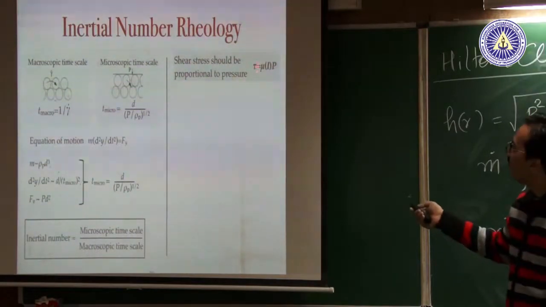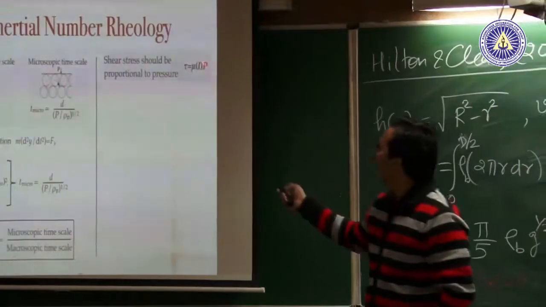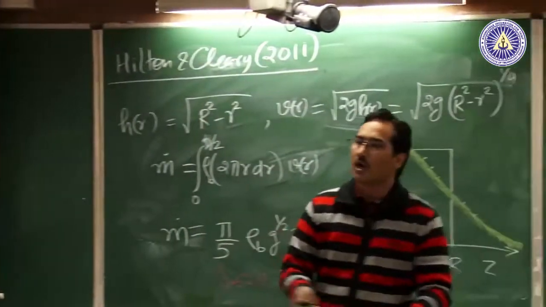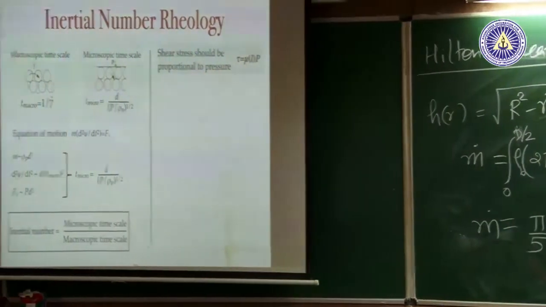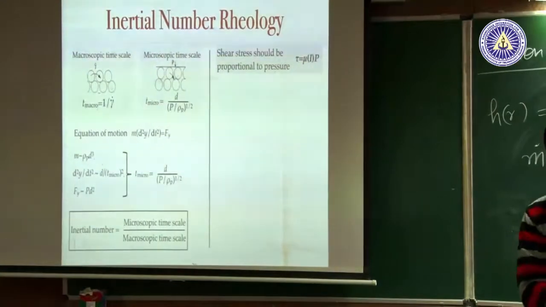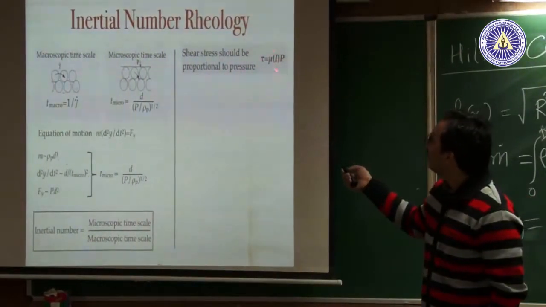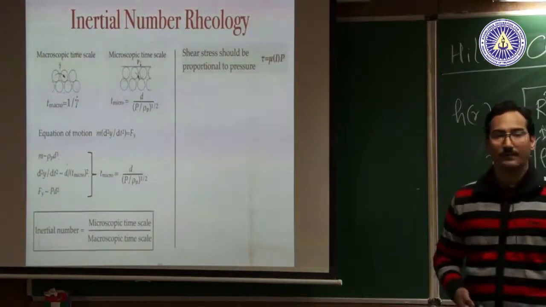So the shear stress is related to the confining pressure by means of an effective friction coefficient, and that friction coefficient is not constant as it would be if I am pushing a block or book on a surface. Since your grains are now colliding and undergoing frictional contacts, you will have a friction coefficient that depends on this non-dimensional number, the inertial number.